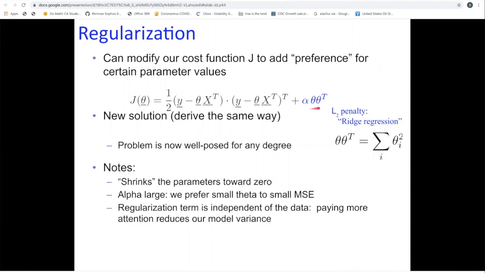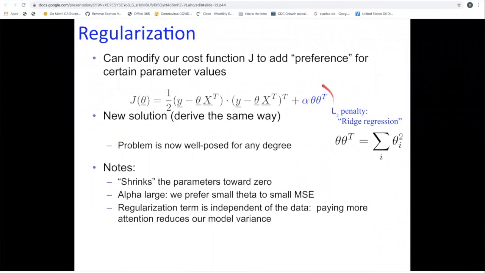Once I do that, let's see how this impacts my final result. Because I introduced this penalty term into my loss function, when I minimize my loss function with respect to the parameters, not only do I need to minimize the first term, called the data loss term, I also need to minimize this regularization term.